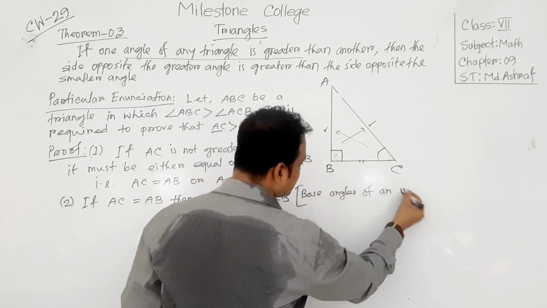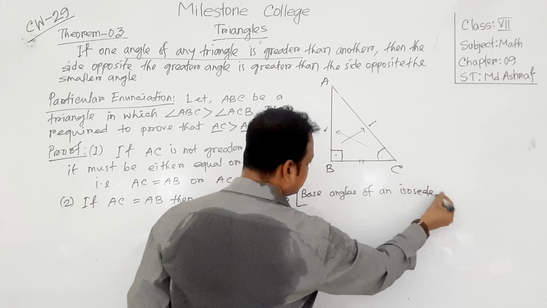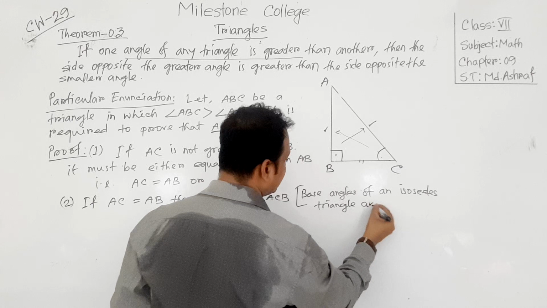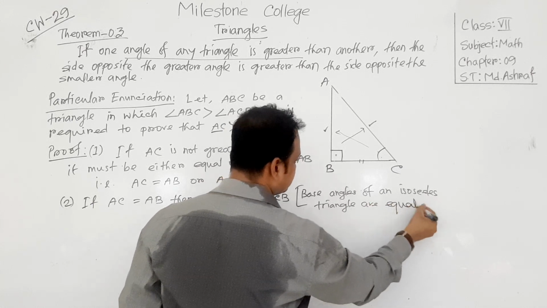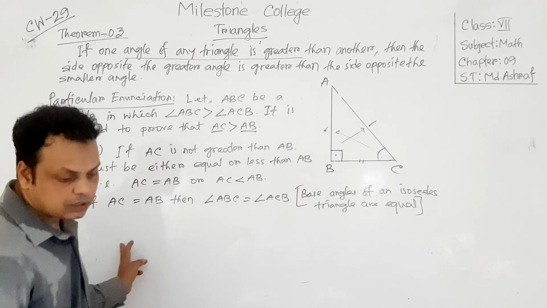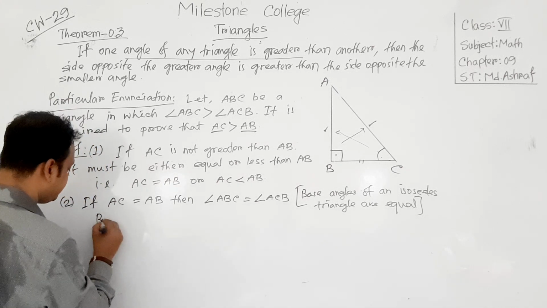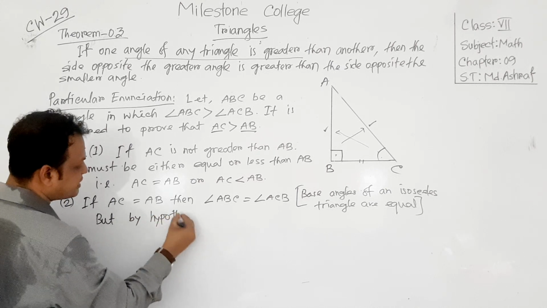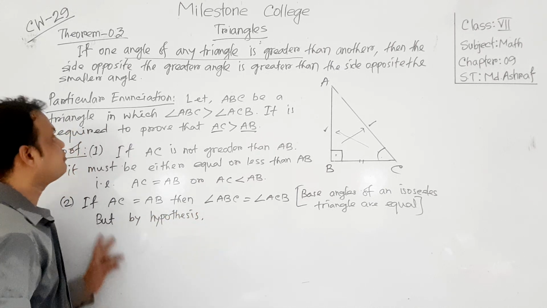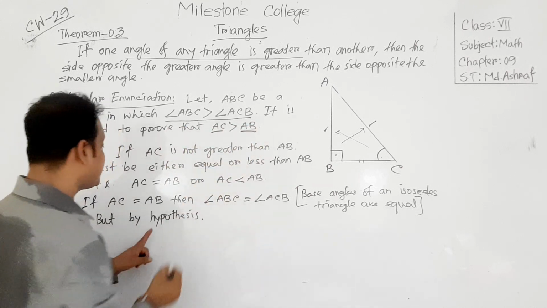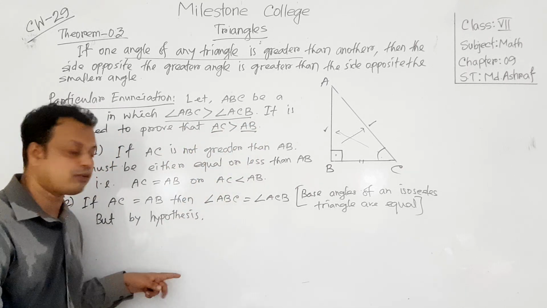Suppose two sides are equal, then their angles will be equal, because the base angles of an isosceles triangle are equal. But by hypothesis, what is given here? Hypothesis means which one is given earlier, that is already given.